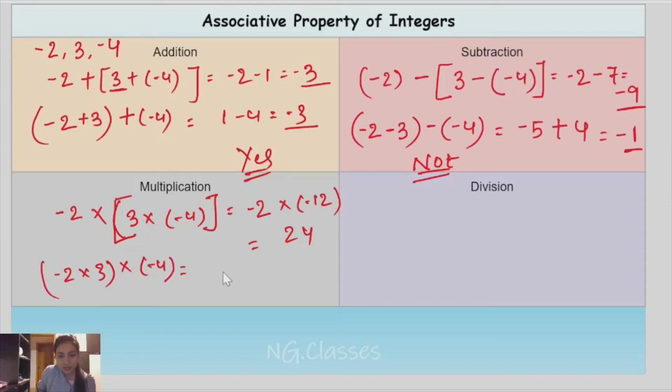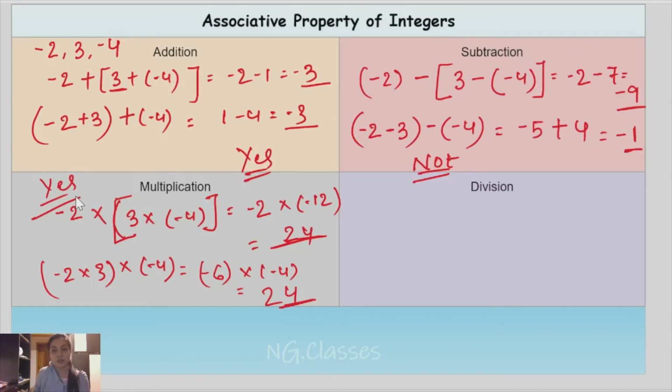We will get -6 multiplied with -4, which will give +24 only. So here we are getting +24, here also we are getting +24. So yes, multiplication is associative for integers.